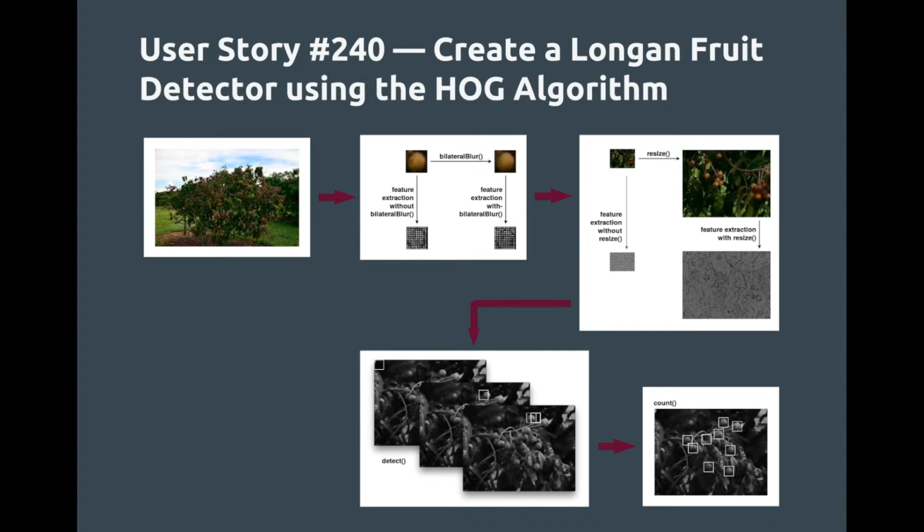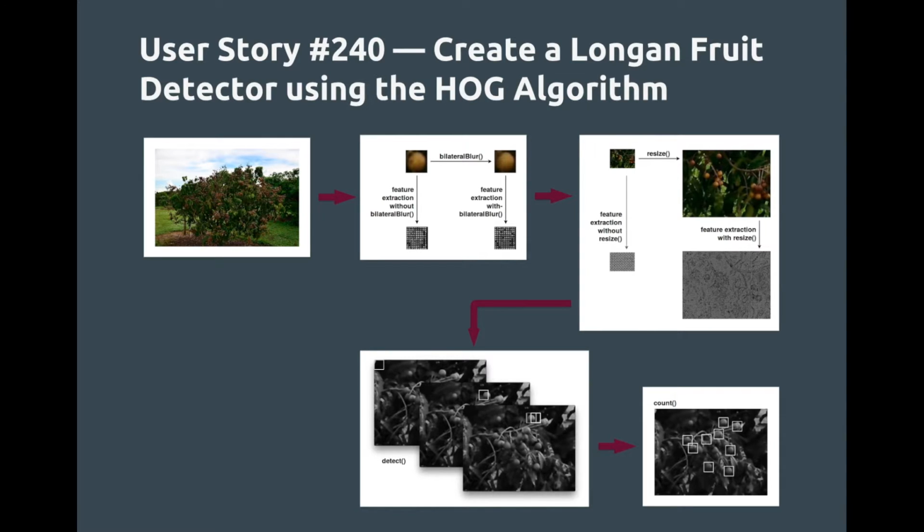The image has to be scaled to some minimum resolution so that when the gradient vectors that represent the rate of change in the intensity of neighboring pixels are computed, you can end up seeing very nice curved shapes, like in the bottom right of the gray image underneath the arrow with the title feature extraction with resize. You want to be able to actually detect the occurrences of these fruits.